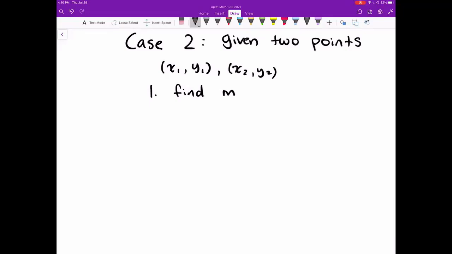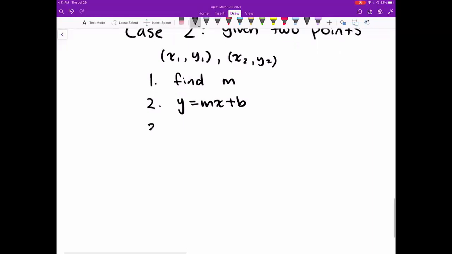The second step is to choose one of the points and substitute into y equals mx plus b. So when you substitute x, y, and m, you can find out what b is. The third step is to just substitute b back in.